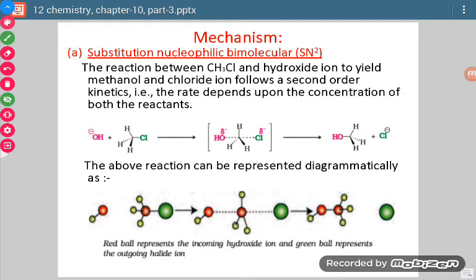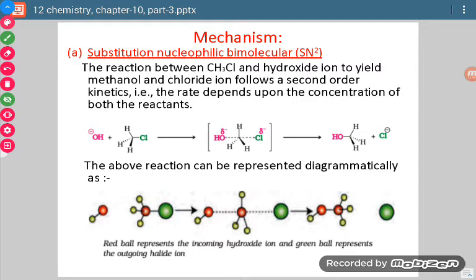In this type of mechanism there are a few things. The very first thing is that this type of mechanism includes transition state formation. Secondly, this is a one step mechanism. There is just one step involved.